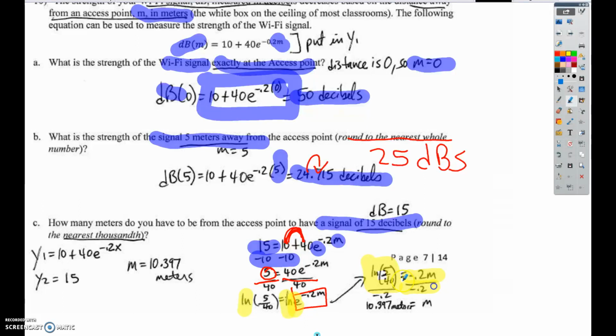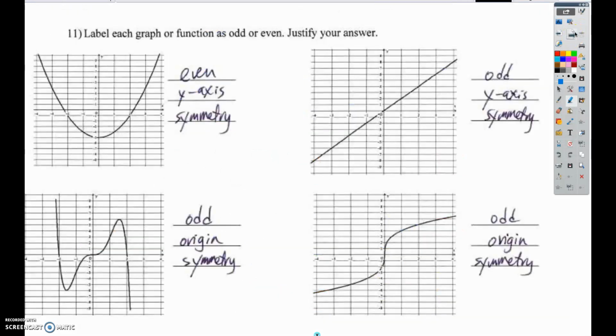And after I divide both sides by negative 0.2, by putting this part here in my calculator, I'm going to get an answer of 10.397 meters, and I get that answer because it says round to the nearest thousandth. Okay, your calculator may be dumb, but it is a very good tool for this problem.